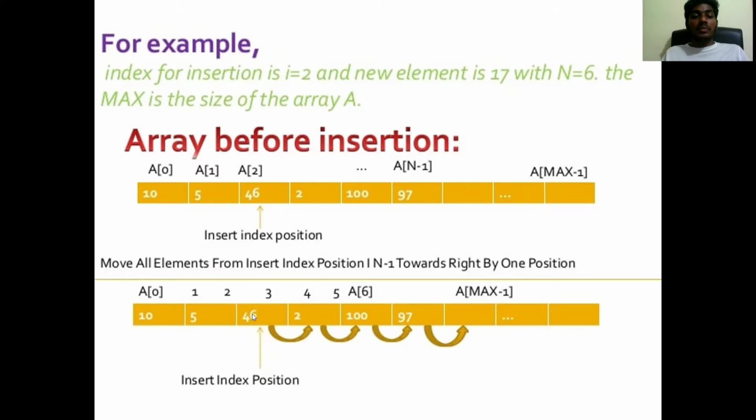We should insert at the second position, so the second position element is shifted to the third position, then to the fourth, and so on like that. Then we should insert element 17 at position 2.